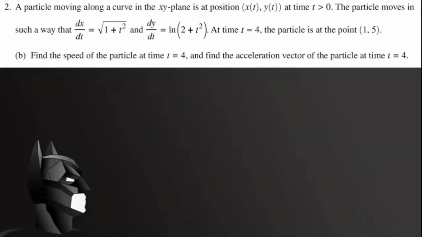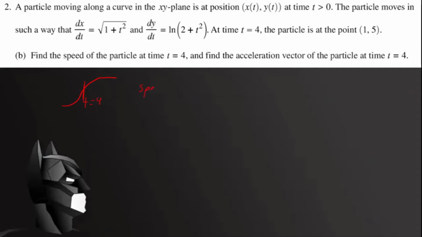So to cross the hill and find the penguin, we're going to need to find our speed at time t equals 4 as we are going up the hill to make sure that we have enough speed.